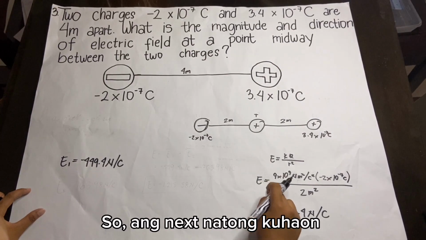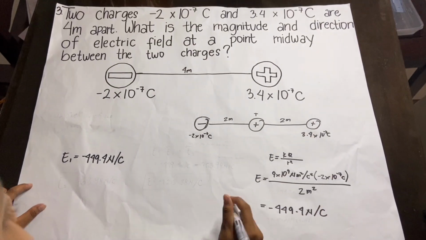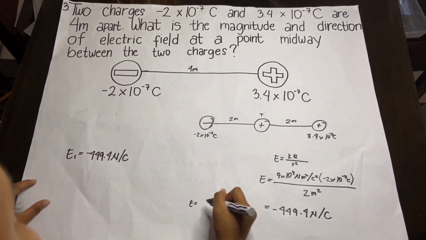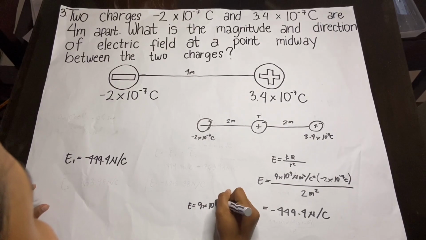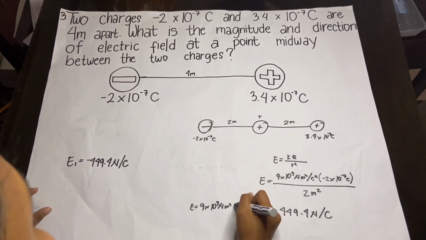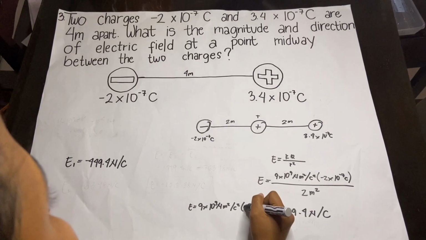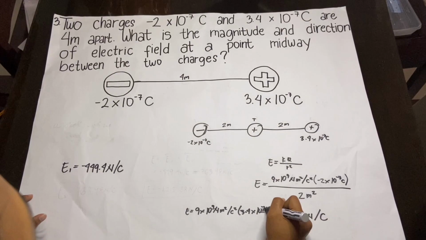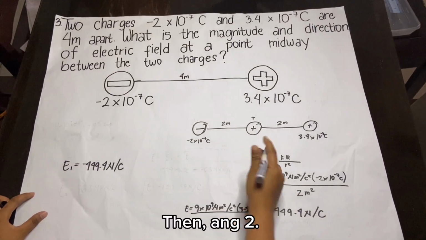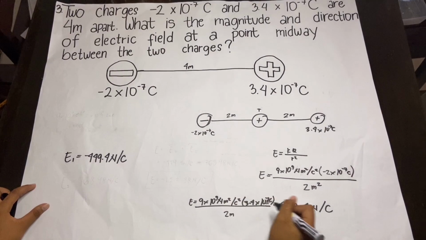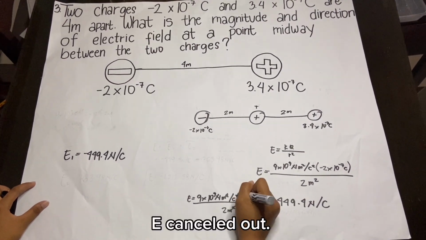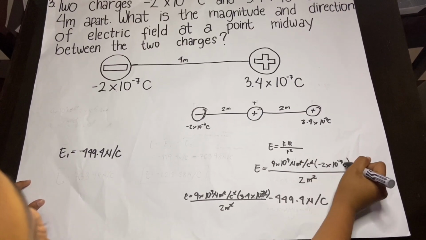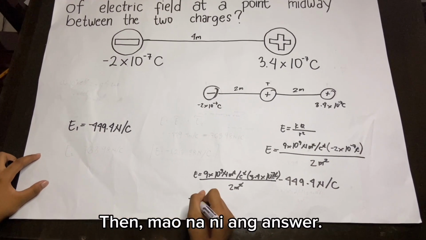Then, the next one we take is the positive charge. The process is the same. Then the 2 cancels out. This is the answer.